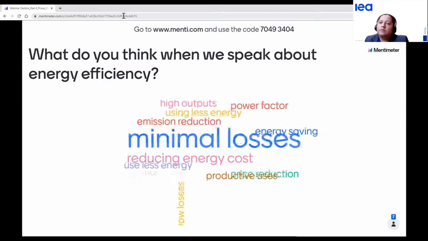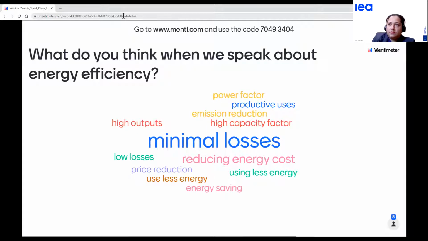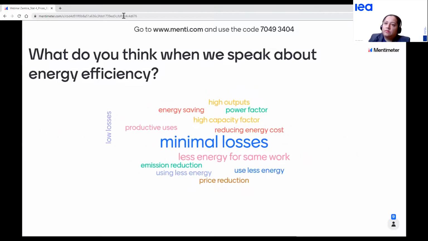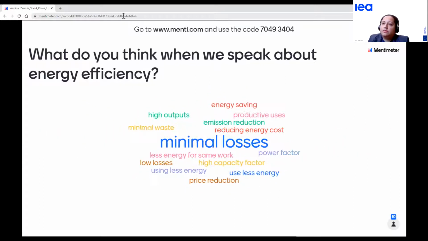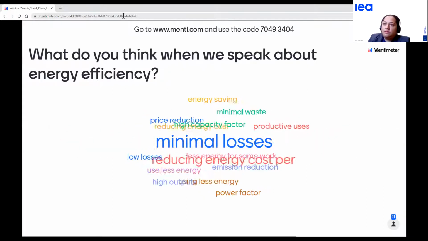Power factor, excellent. Productive uses, excellent.